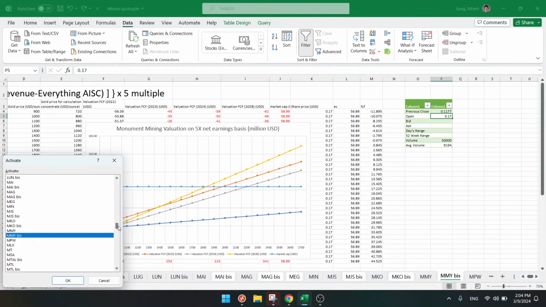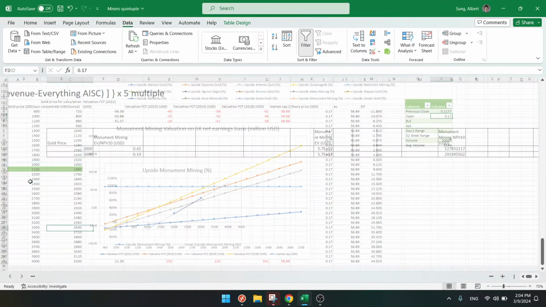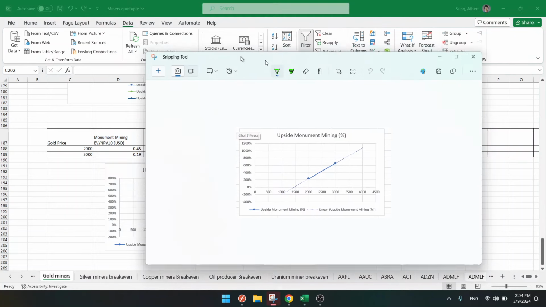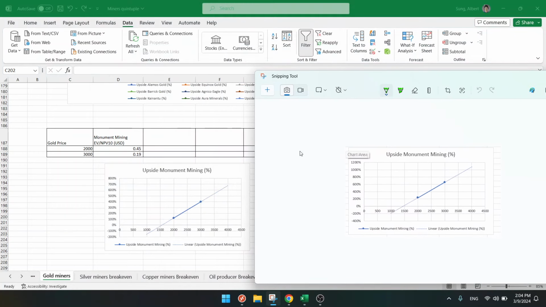Let's see what happens with our automated chart. It has updated. So now at 2,200 gold, we now have upside of only 150%. Previously, we had an upside of 300%.